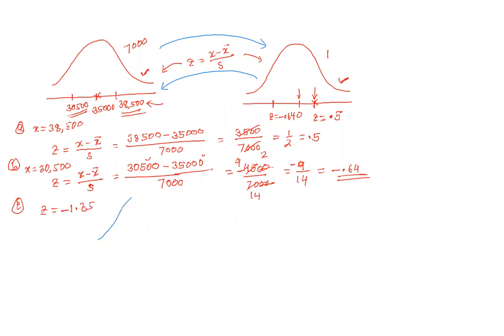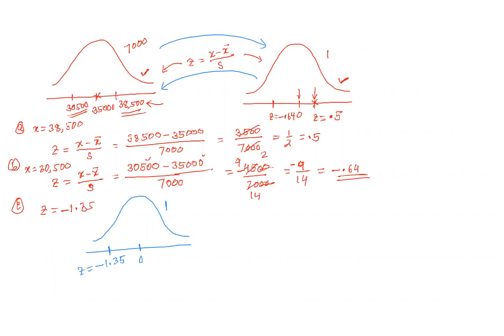You're given this Z-score: mean 0, standard deviation 1, someone falls to the left and that person's Z value is negative 1.35.